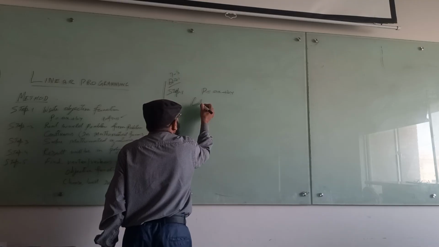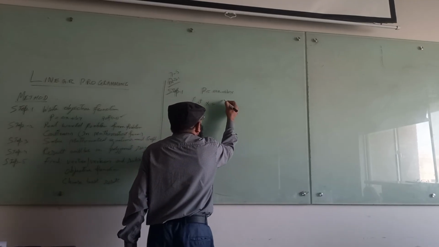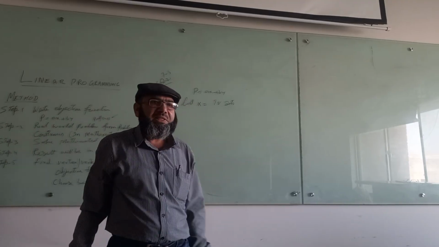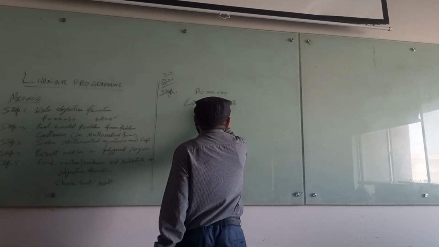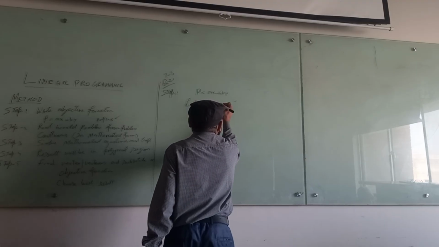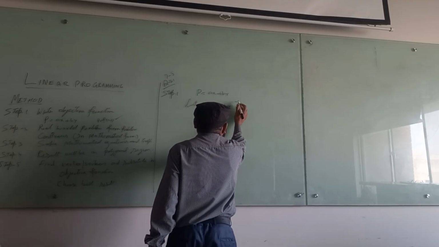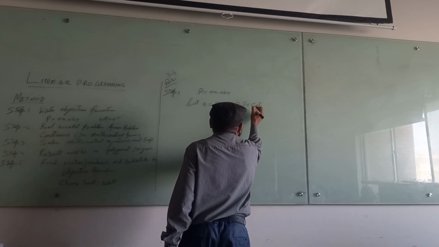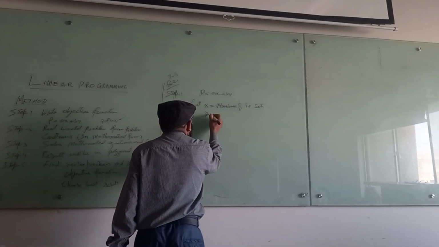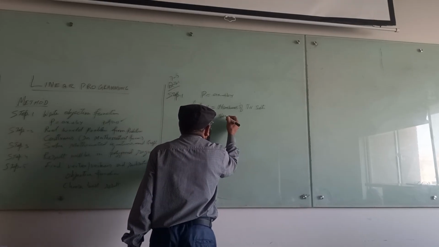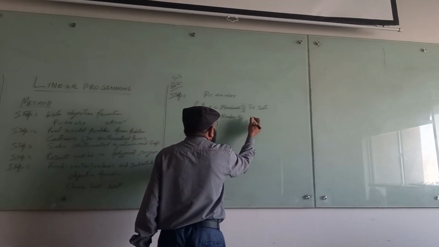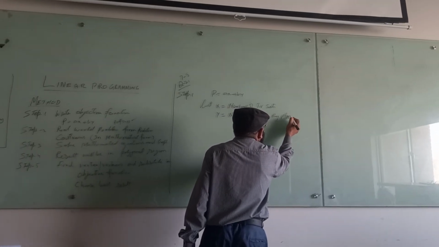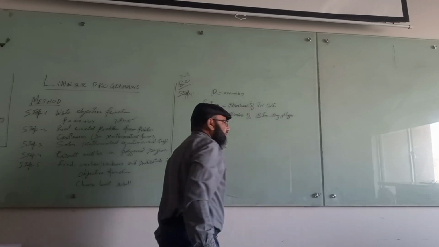Let x be the number of TV sets and y be the number of Blu-ray players.